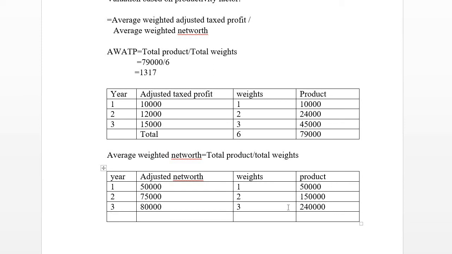Yes. Again when we make the total, total weights is equal to 6, and the total product we will get as 4,40,000. This is how the situation is, right?